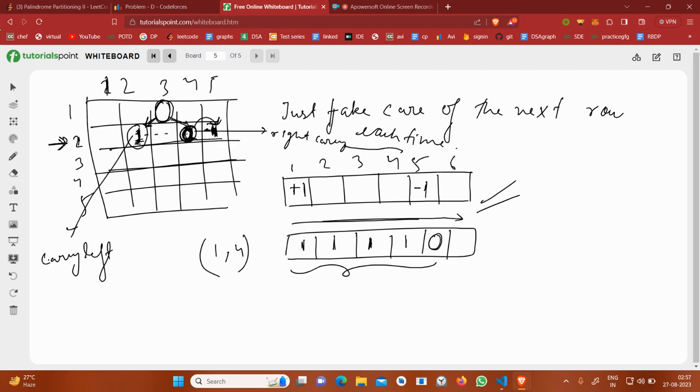Because if I wanted the elements between 1 comma 4 to be added by 1, I made the element at 1 plus 1, and element 5, meaning 4 plus 1, as -1, because I don't want to continue the contribution of 1 after index 4. That is also what I am doing here.